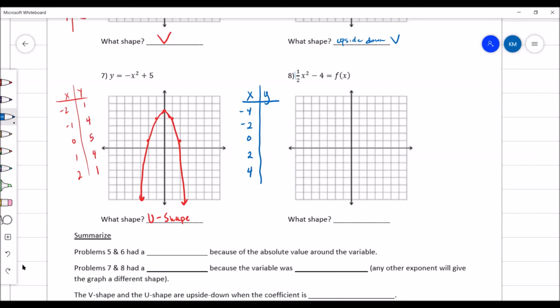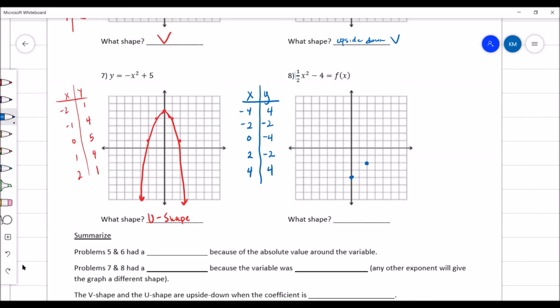And there's a positive here, so 4 squared is 16, times 1 half is 8, 8 minus 4 is 4. Negative 2, 2 squared is 4, half of 4 is 2, 2 minus 4, negative 2. Yep, 0 minus 4, negative 4. 2, plugging that in will be the same, 16, 1 half, 8, 4. Okay, and so now, making our graph.